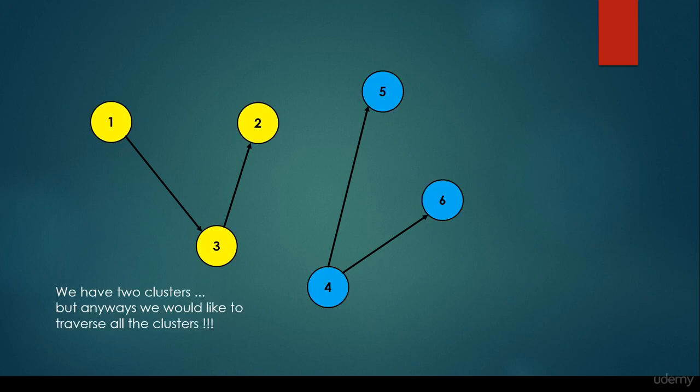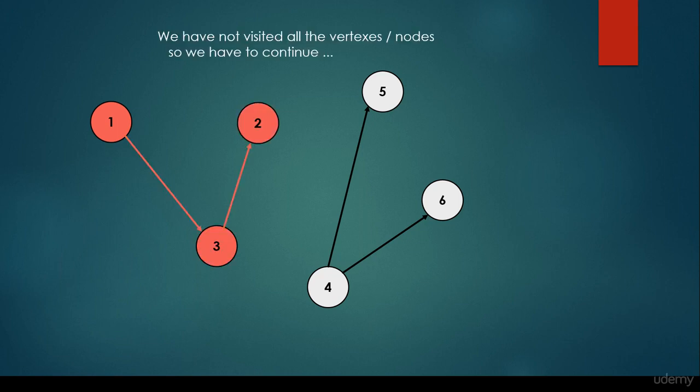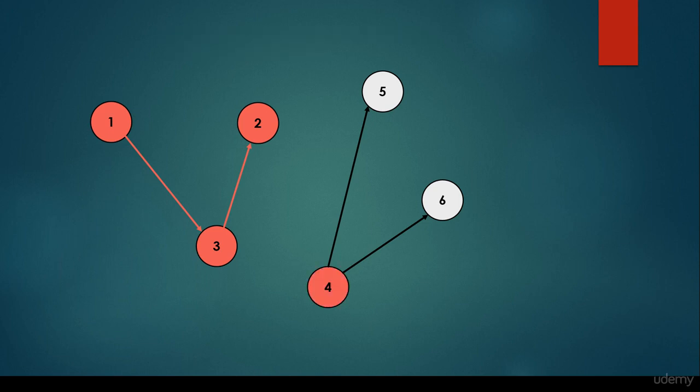So we start at the first one. Basically this is the root vertex. We start at a given vertex, and with the help of this vertex we are able to visit every single vertex in this given cluster. We visit the neighbor 3, then we visit the neighbor 2. Okay, but we haven't visited all the vertices, the nodes, so we have to continue.